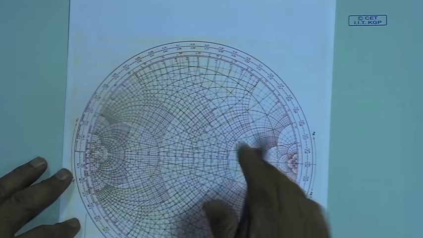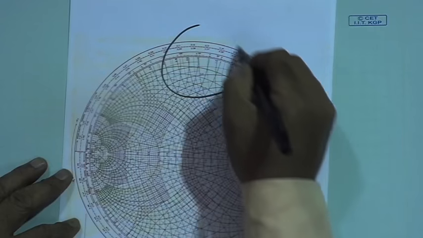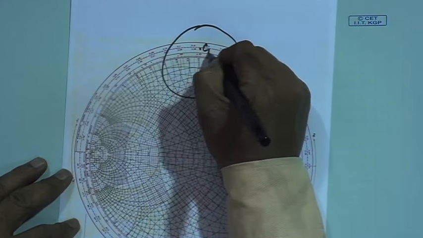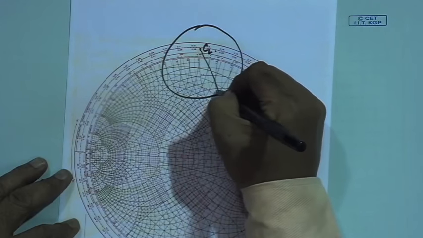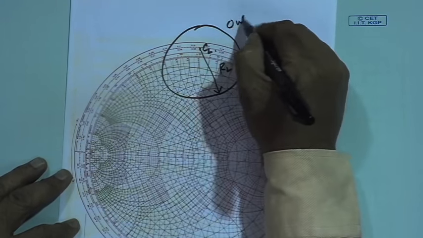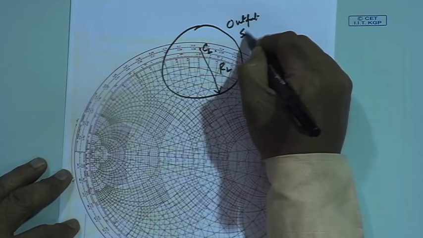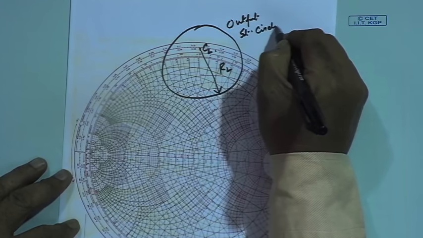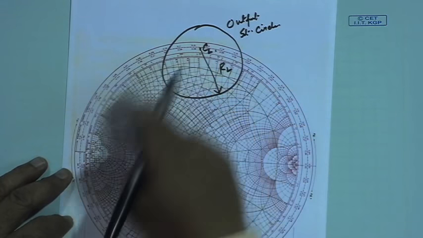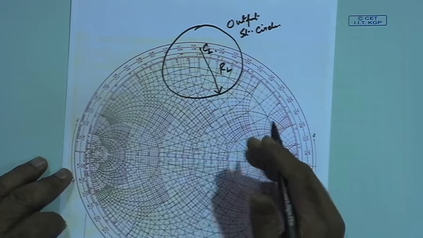So, if we have this intersection, let us say this is the output stability circle with center CL and radius RL. You see that this one has divided this whole Smith chart into two regions.